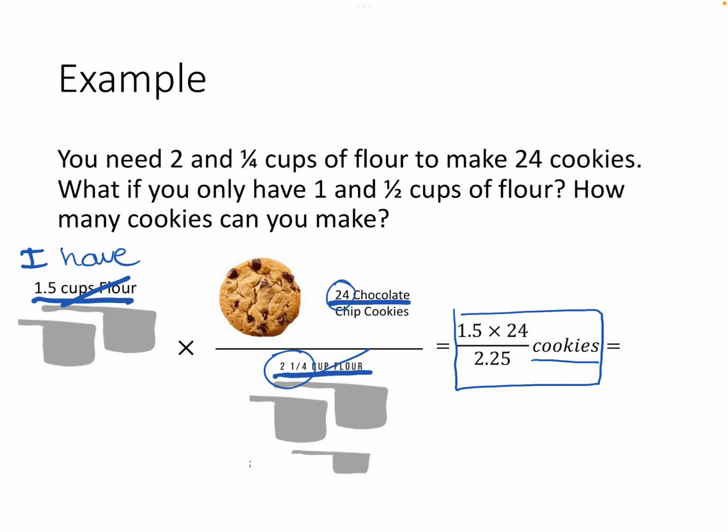And that should give me 16 cookies. So as long as we have all the other ingredients that we need and we divide that by the appropriate amount, we should end up with 16 cookies.